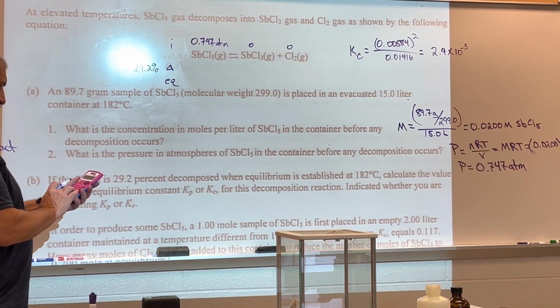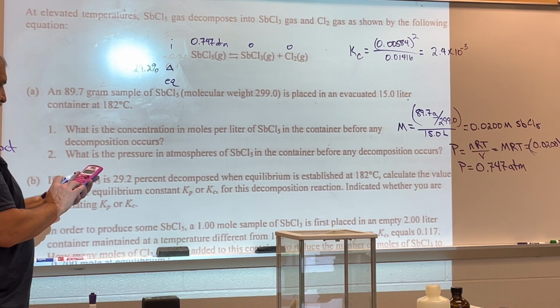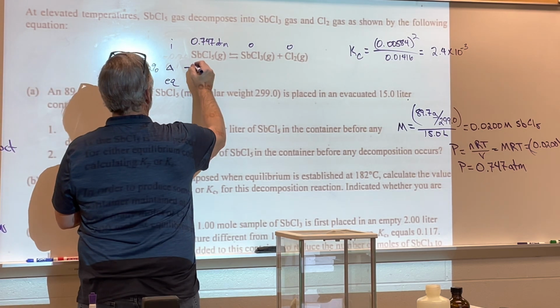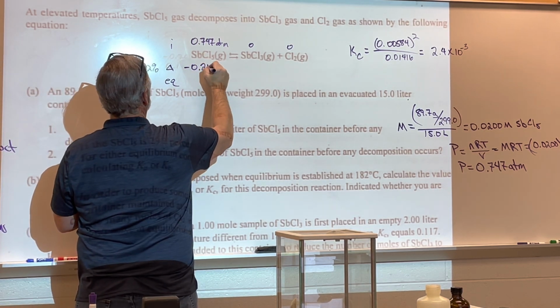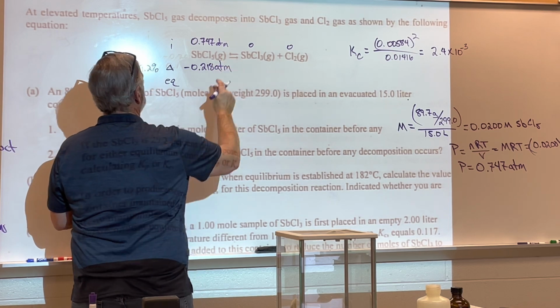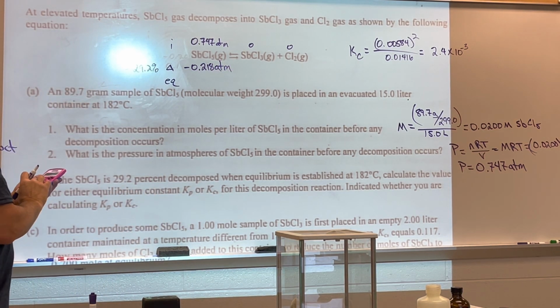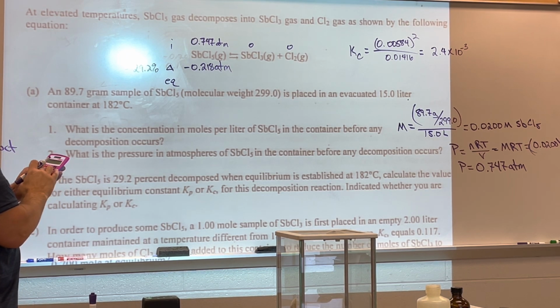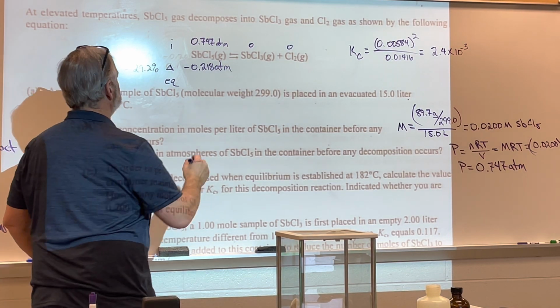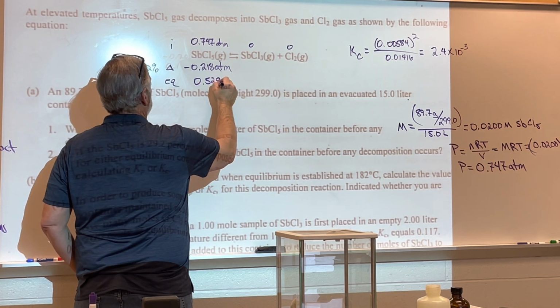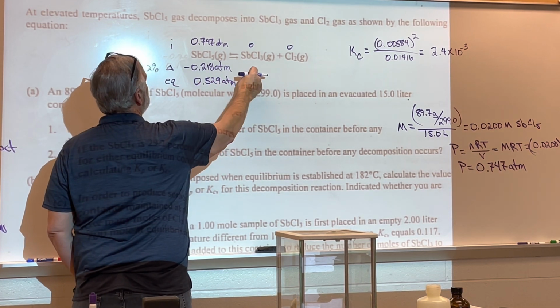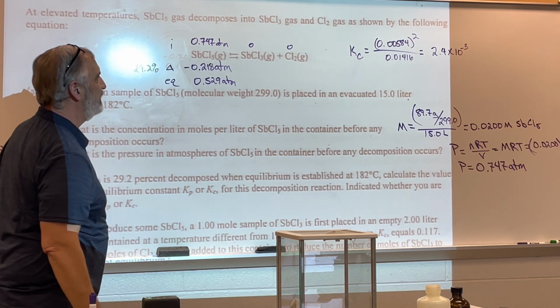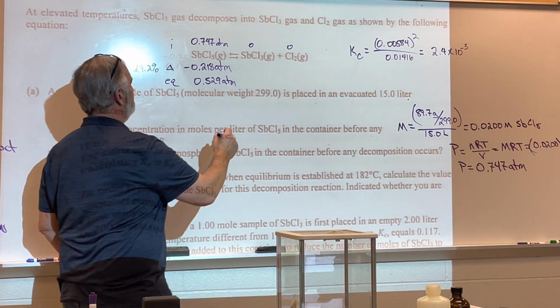Which will be 0.747 times 0.292 equals minus 0.218. So then 0.747 minus 0.218 equals 0.529. So that's my equilibrium. Well, what's this going to be? 0.218.